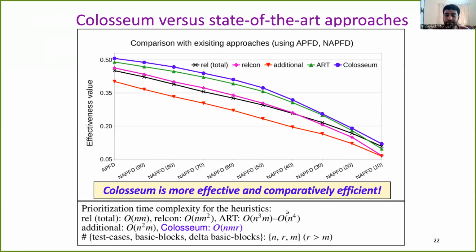ART is hugely expensive because there is feedback directed random testing. It is more than quadratic, it is cubic in the number of test cases. Also, greedy additional and RELCON have quadratic factors in N. Comparatively, its efficiency is comparable with greedy total.